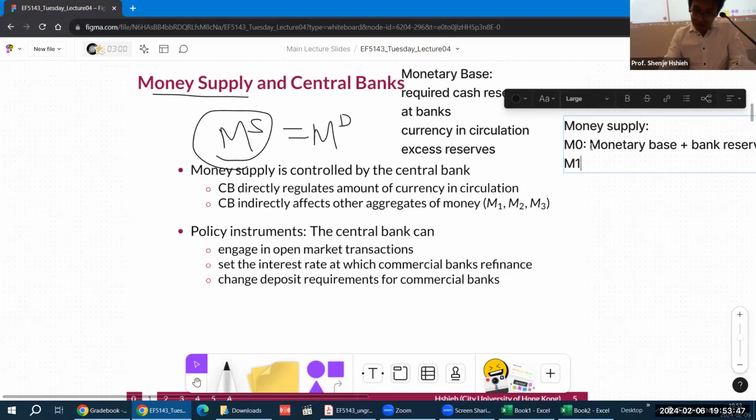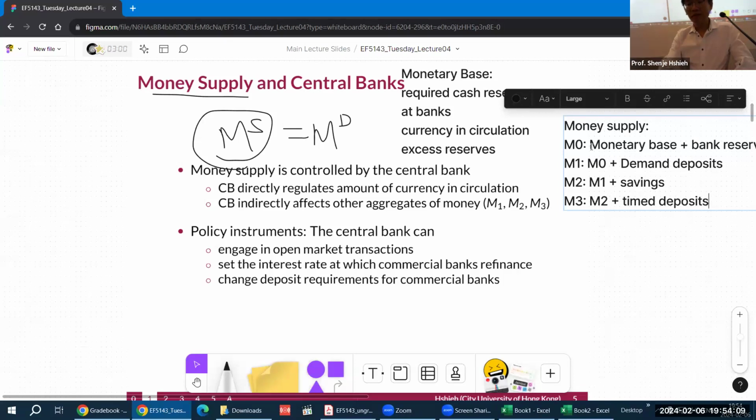M1 is M0 plus demand deposits, like checking accounts. M2 is M1 plus savings. And M3 is M2 plus time deposits, like fixed term deposits, like a bond, right?